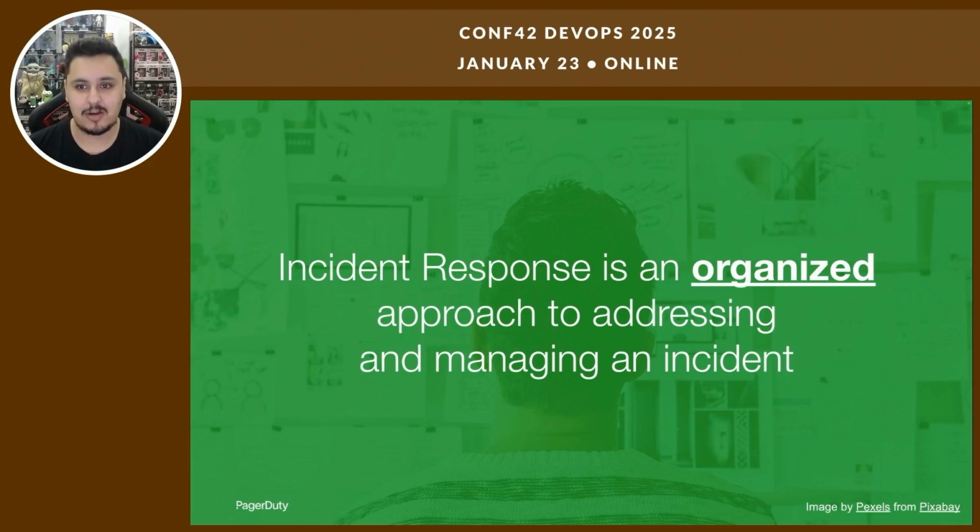Therefore, the word organized. It's in an organized way that will allow you to limit damage and will allow you to reduce recovery time and costs. So the keyword, after all, you can give a developer a keyboard and some time and they will solve the problem. Incident response is about solving the problem quickly while minimizing this damage and reducing the associated costs to it.